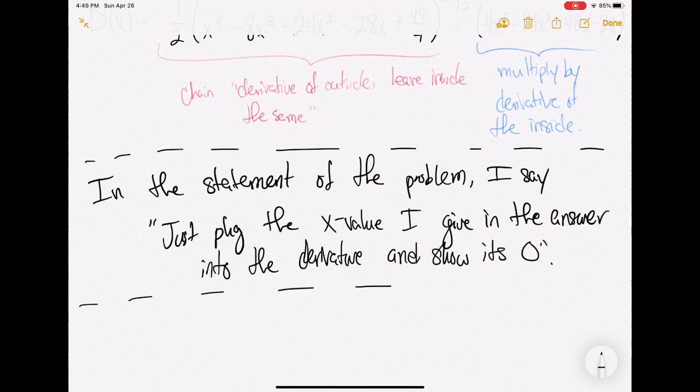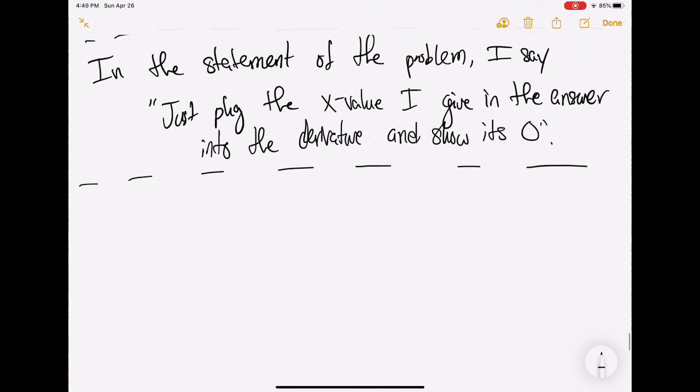So the x value I give says a, x equals 1. So plug this in.